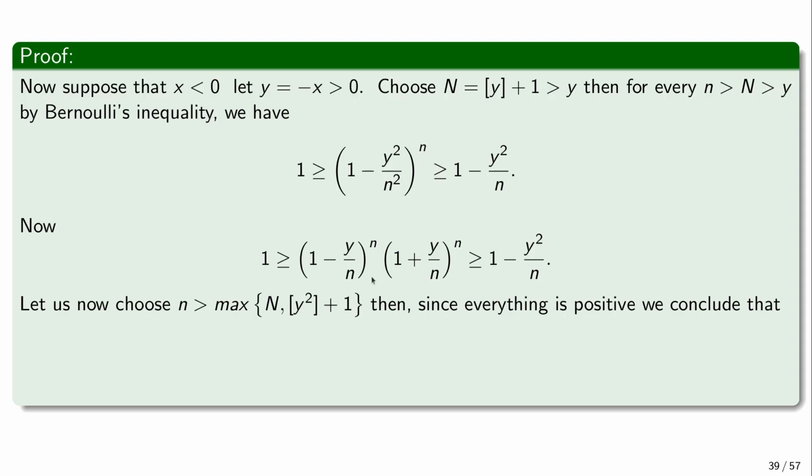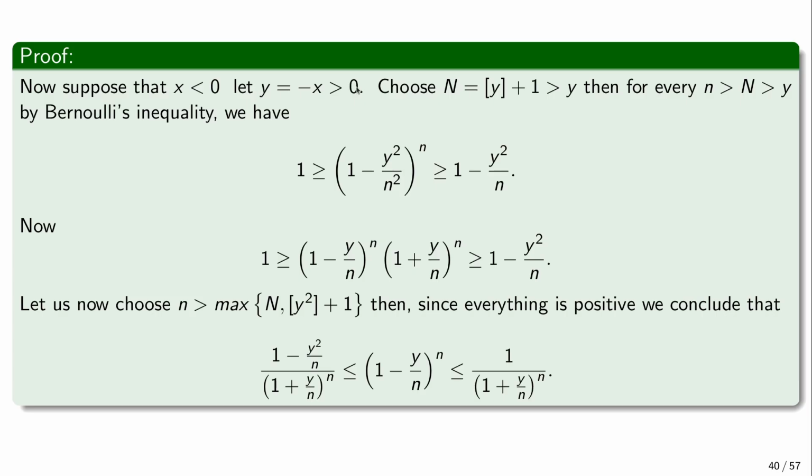So now what we would like to do is to divide by this expression, right? And what we will see is that we're in no danger of dividing by 0 or dividing by something negative, which would force us to switch the direction of the inequality, because we're now basically dividing all the sides of this inequality by 1 plus y over n to the power of n.